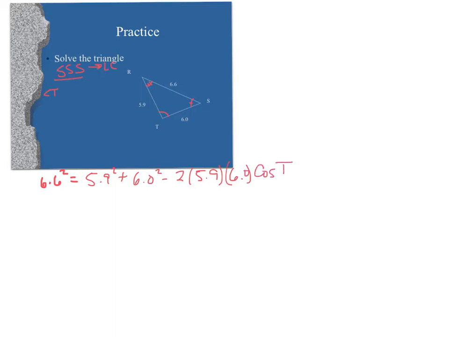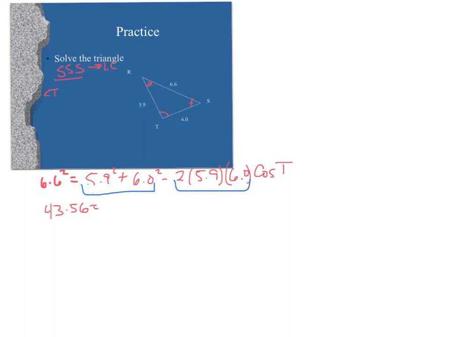I'm going to go ahead and crank this out. When I square 6.6 on my calculator, I get 43.56. Now remember, I've got to combine these separately, right? I cannot put these two pieces together because this right here is being multiplied with cosine.